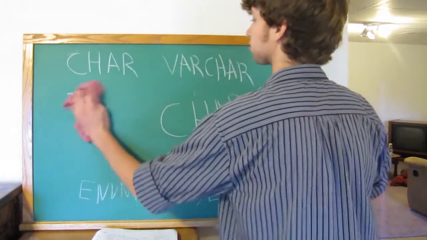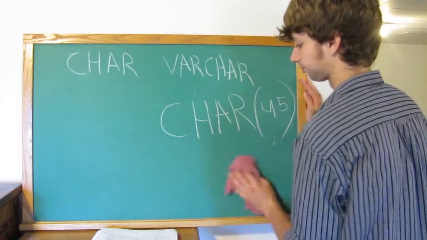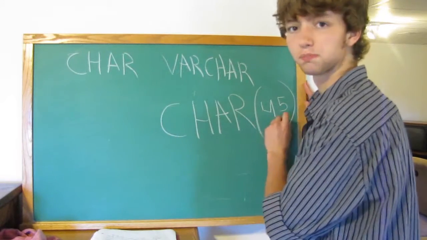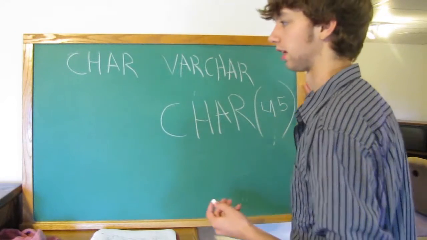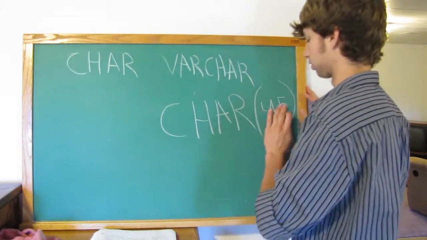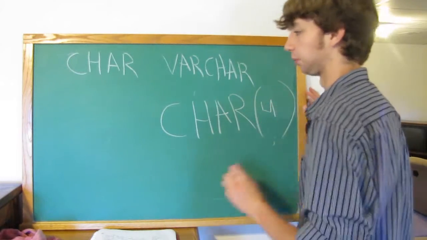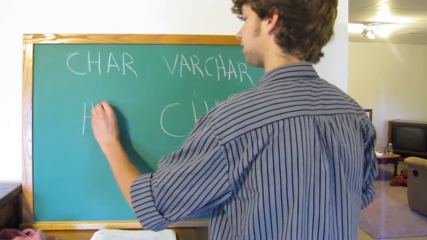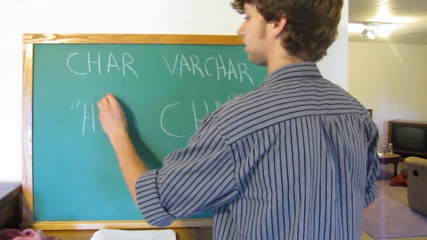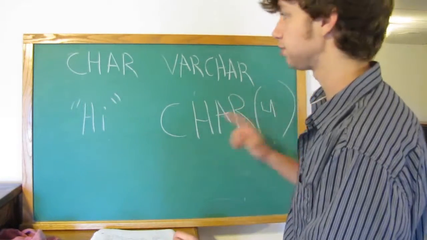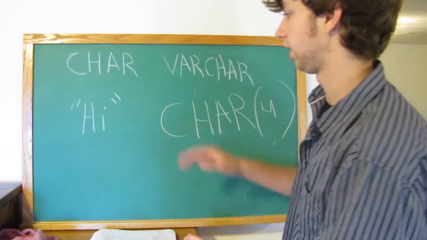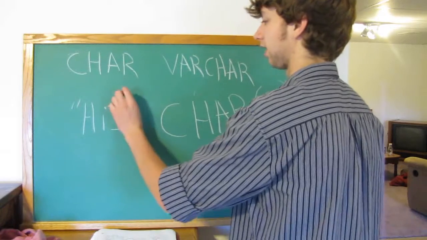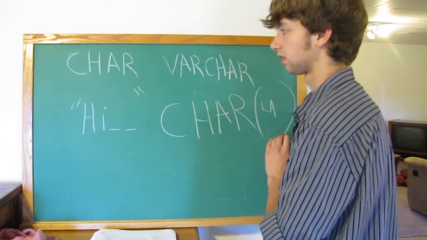So, there's a difference between char and varchar here. And that is, char will space it so it takes up all 45. So let's give it a smaller example of char equals 4. And I enter hi, just like that. If I use the data type char, it'll pad it with 2 extra spaces to take up the 4 spots.